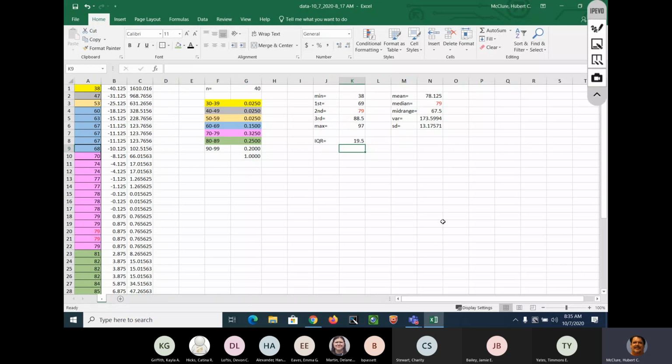Okay, so the only reason I did all that is I remember one question asking for all this information. I don't know if it was this one or not, but this one was asking for these two. So let me write those two down. Let me write everything down. Mean is 78.125. The median is 79. The mid-range, which I don't need that, but mid-range is equal to 67.5. Variance is 173.5994.